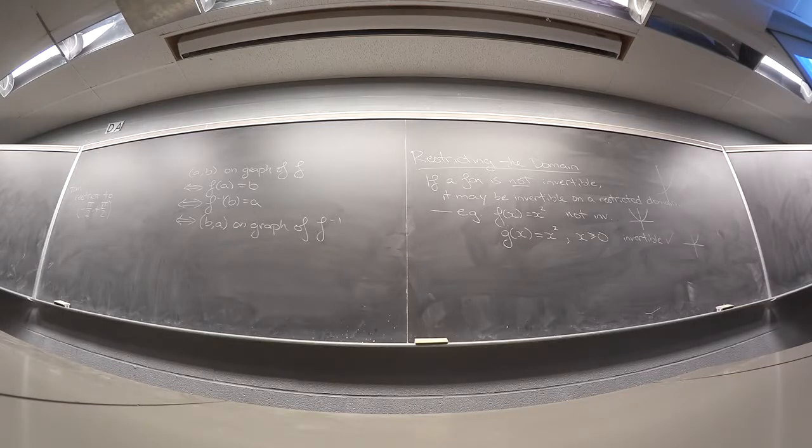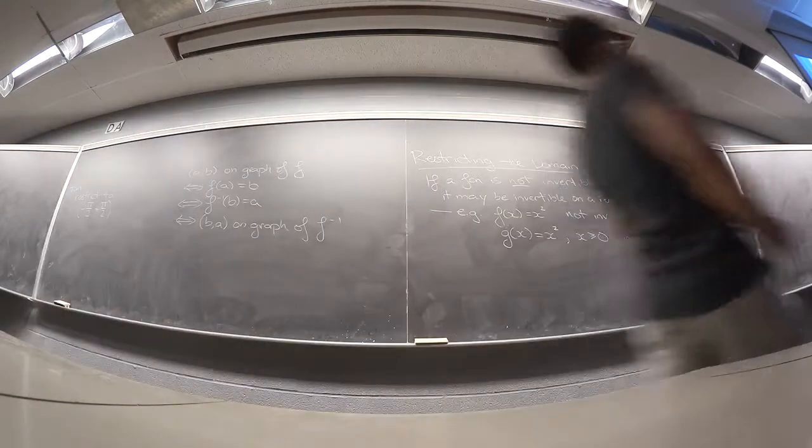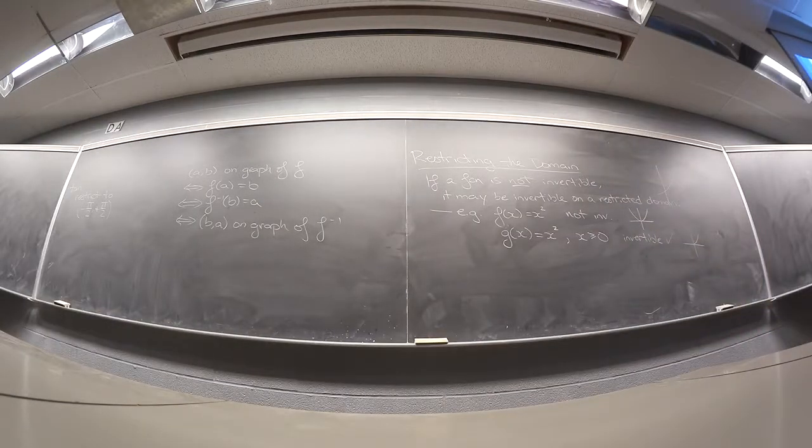Questions? Yes. If the domain was 0 to pi, wouldn't it not pass the horizontal line test, because it crosses at 0? Yes, and I complain in exactly the same place.